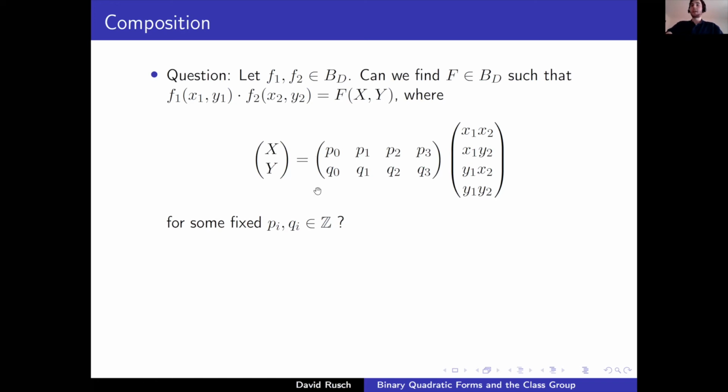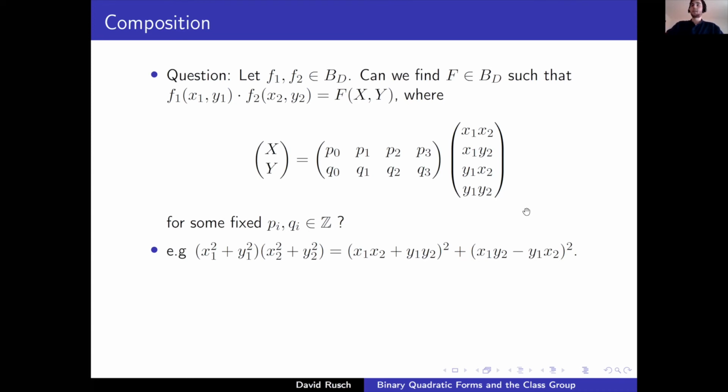So yeah, we want to find some matrix, and we want to find a form F such that if we define capital X and capital Y in this way, we always have this equality here. So one easy example for this would be the following. If we have the product of sums of squares, then we can express this again as a sum of squares in just these variables here, or these combinations.